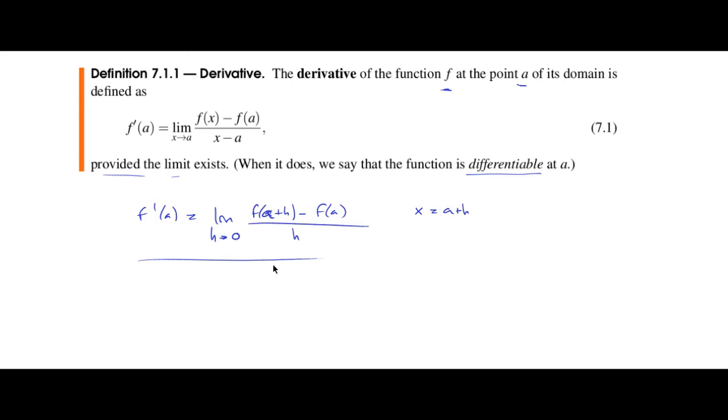So this definition is equivalent to the other one. And so the idea is that this derivative is the slope of the tangent of the curve at this particular point. That is a very important geometric way of understanding the derivative.